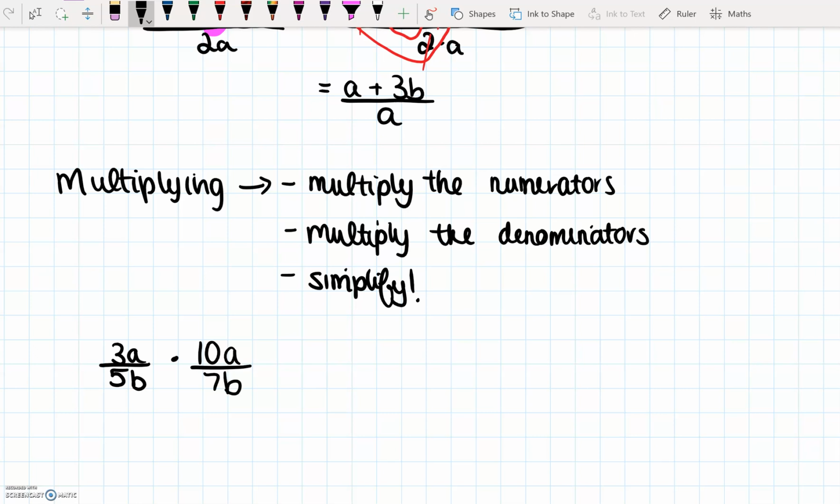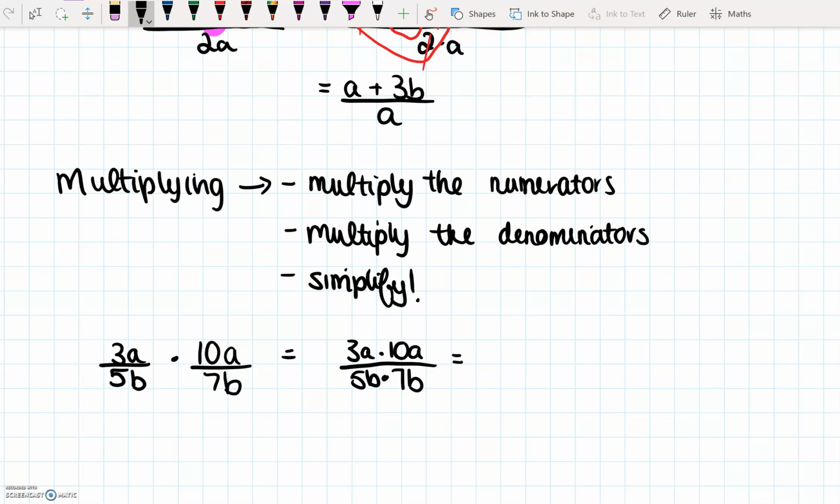So we've got this one. We said multiply the numerators, that's step 1. So we get 3a times 10a over, multiply the denominators, 5b times 7b.